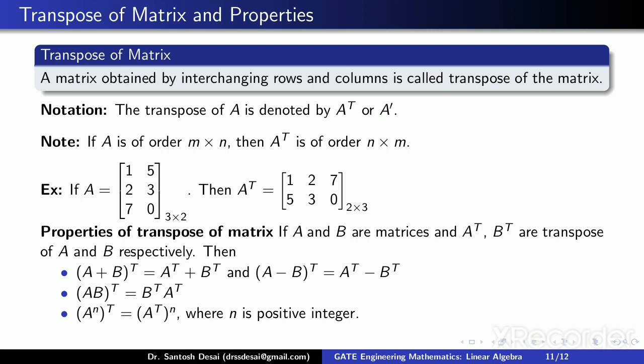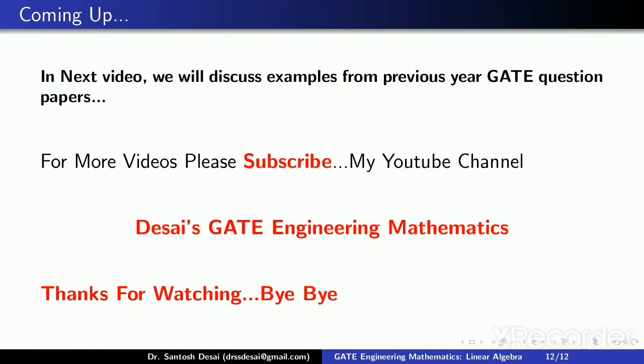Next, (A raised to n) transpose is equal to (A transpose) raised to n, where n is a positive integer. (K A) transpose is equal to K into A transpose, where K is a scalar, and (A transpose) transpose is equal to the original matrix A. Now, in the next video, we will discuss examples from previous year GATE question papers.